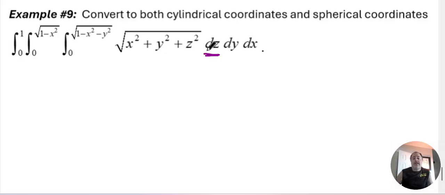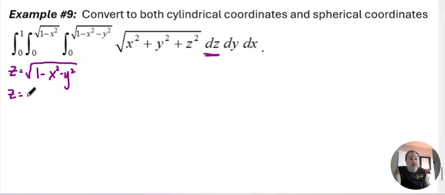The fact that our dz is the interior integral is going to correspond with the interior integral that you see here. So what they're giving us is that z is going to be equal to the square root of 1 minus x squared minus y squared. So that's the equation that's given to us. Since we're looking at cylindrical coordinates, we can easily simplify this because x squared plus y squared is equal to r squared.